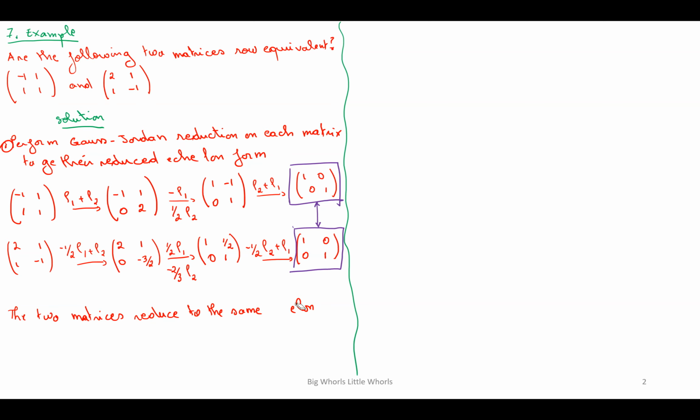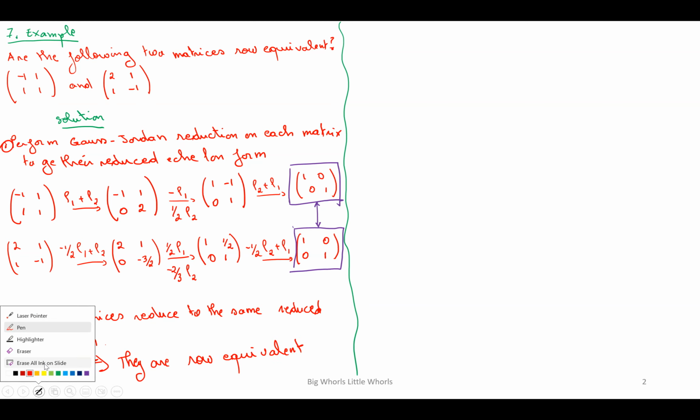Reduced is very important. Therefore, they are row equivalent. Okay.